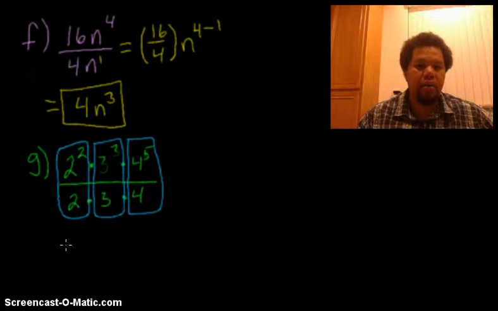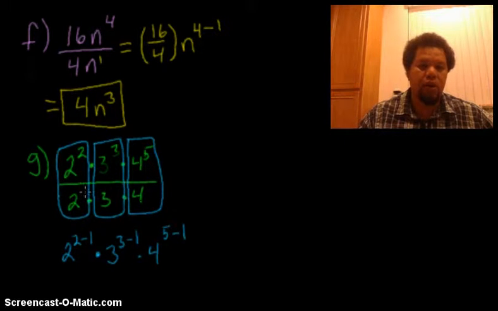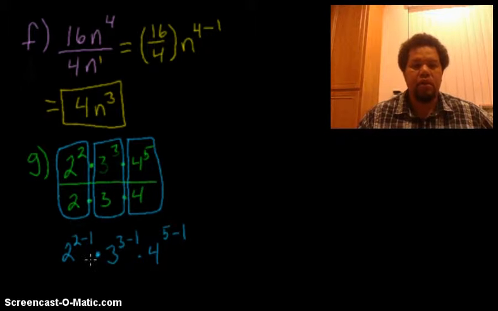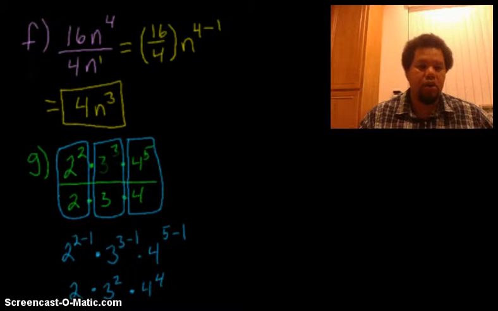So here we're going to have the base of 2, and then 2 minus 1, times the base of 3, which is 3 minus 1, and then times the base of 4, which we have 5 minus 1, since all of those don't have exponents. So we'll go ahead and we get 2 times 3 to the second times 4 to the fourth.